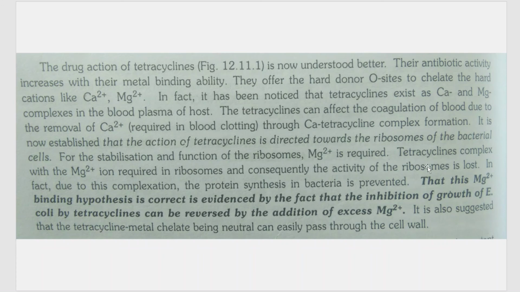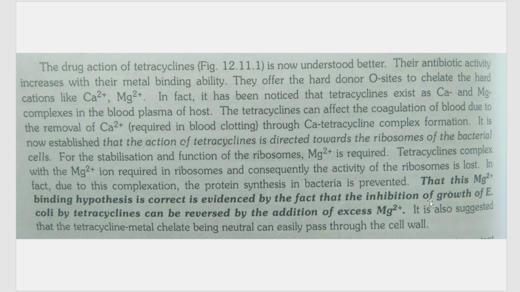So they conducted an experiment and they saw that the Mg2+ binding hypothesis is correct, and it is evident from the inhibition of growth of E. coli by tetracycline. That is, when they tried to grow E. coli in a petri dish, and when they put this tetracycline drug, it was seen that E. coli could not grow.